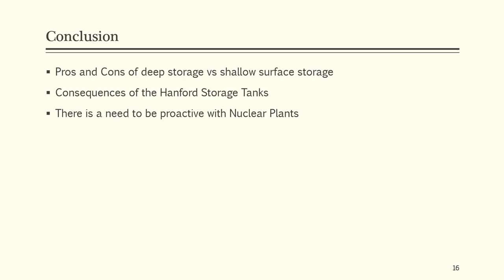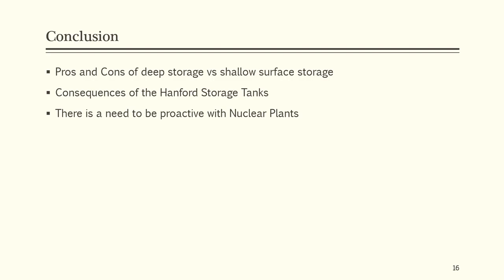So as long as the storage management is conducted properly, where you have short-lived radioisotopes being stored on the shallow surface, and then these long-lived radioisotopes being stored in the deep storage, they're both good means of storing radioactive waste.